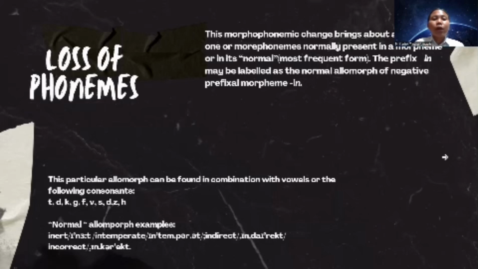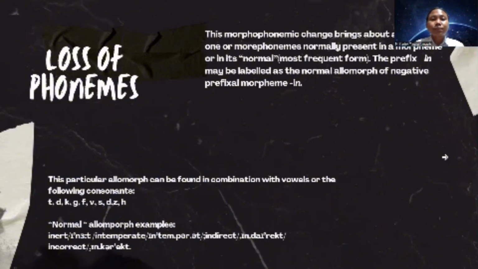This particular allomorph can be found in combination with vowels or the following consonants: T, D, K, G, F, V, S, Z, and H. Normal allomorph examples are inert, interpret, indirect, incorrect.